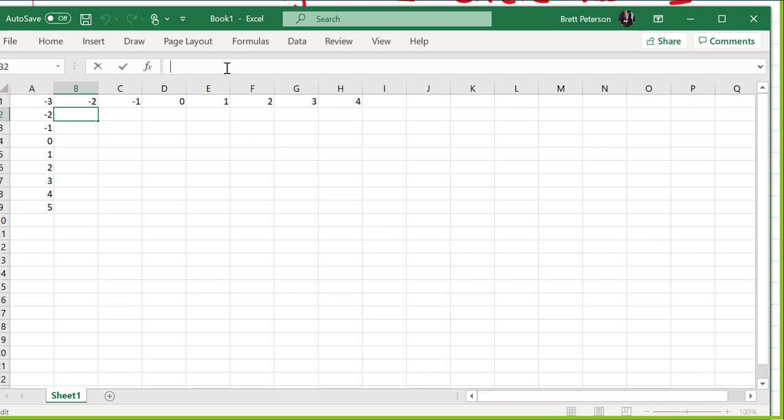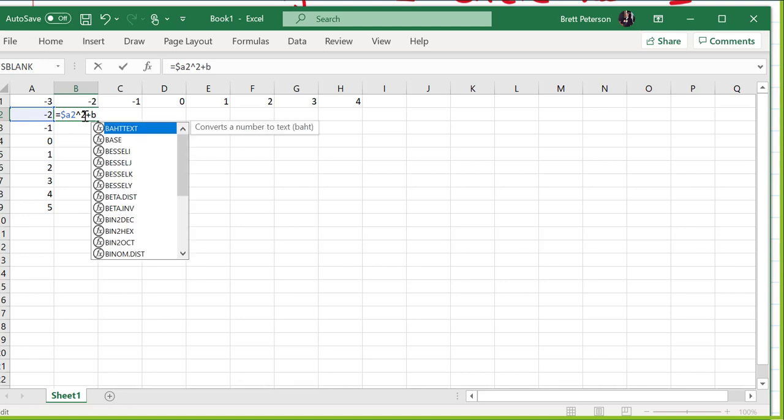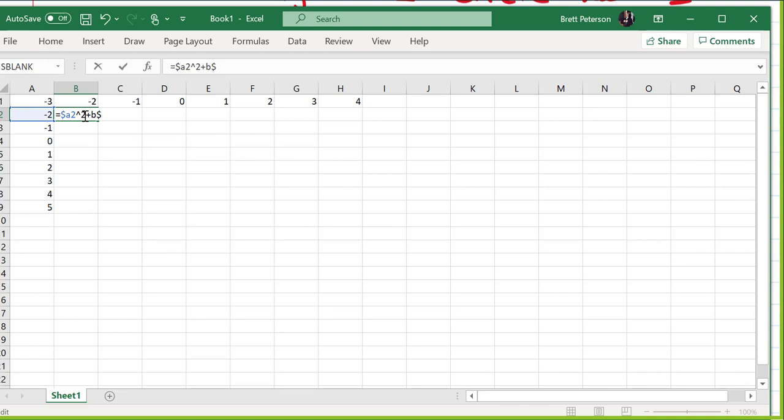So then this is going to be equal to, we're going to go $A2 squared plus B$1 squared, because we don't want to go out of the first row.